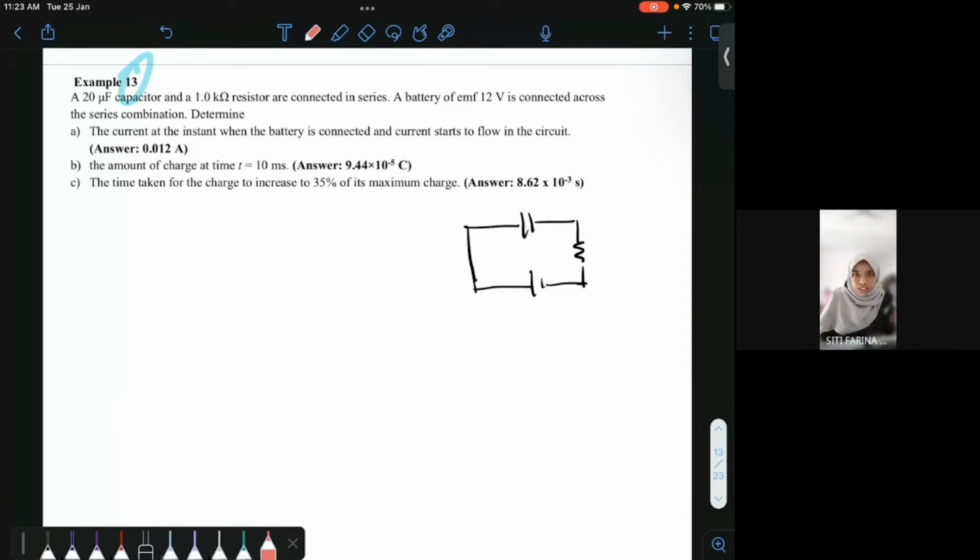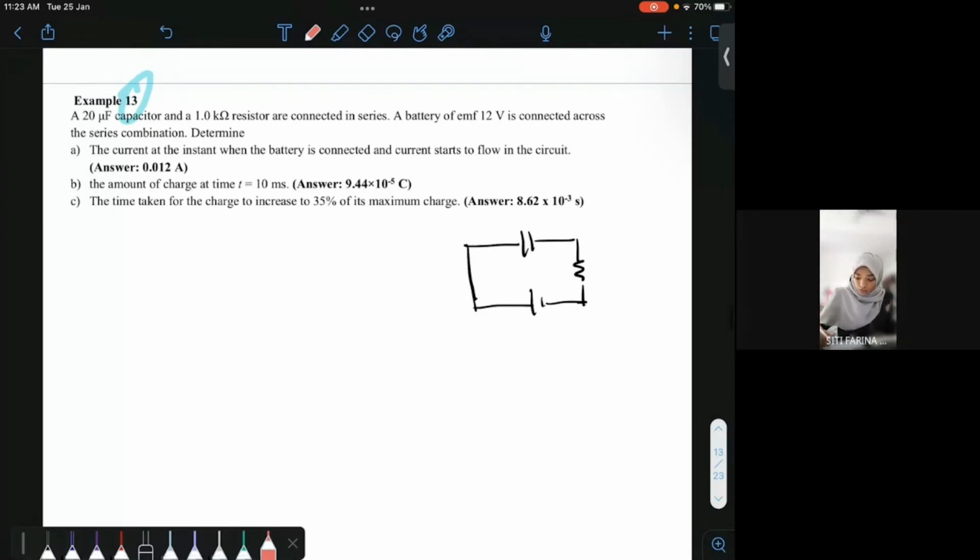Okay, so sekarang kita nak cari the current at the instant the battery is connected and current start to flow. Maksudnya yang at the beginning of the process of charging itu. So bila kamu switch on, kamu dah on, current akan terus lalu. So you want to know what is that current. Current yang akan lalu adalah maximum current, I0. So you're looking for I0 dekat sini. Okay, how are you going to find your I0?